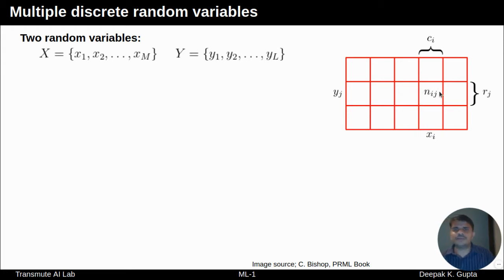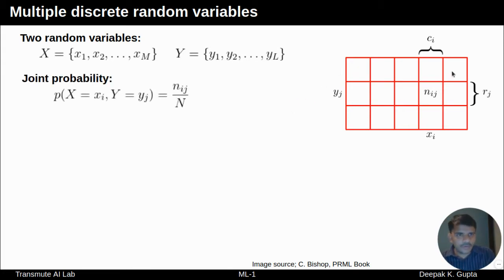Now we try to build some of the popular definitions around it. So we start with joint probability, assuming that the overall number of trials was this capital N that we see here. So the sum across all the cells in this grid will be N. Joint probability is defined as the probability that the random variable x held the value xi and the random variable y got the value yj.